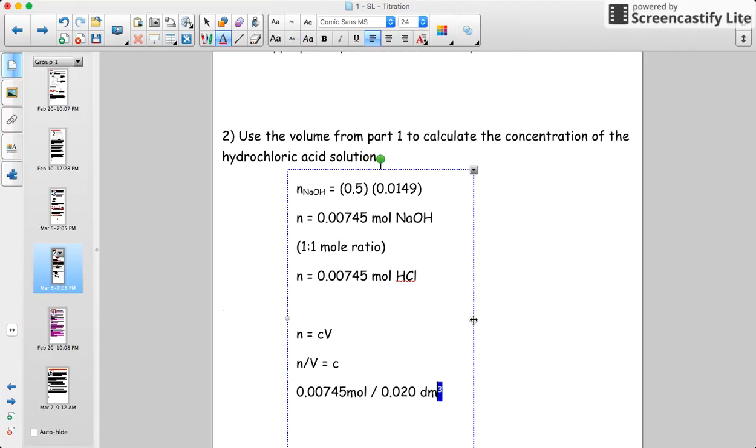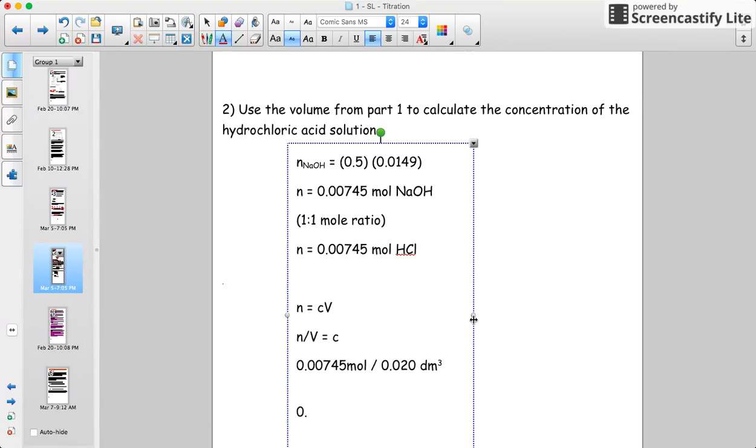Divided by 0.02, and we get a concentration of 0.3725, and that's moles per dm cubed. Notice I'm doing moles divided by dm cubed, so moles per dm cubed is my final unit. This is the concentration of HCl in our problem.